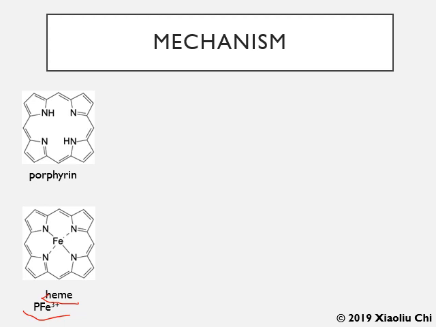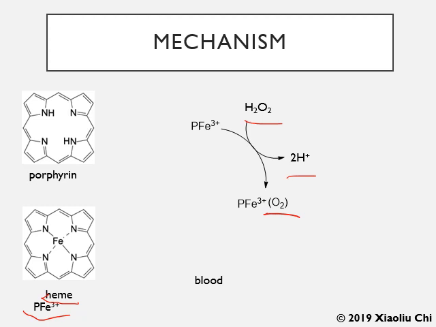When hydrogen peroxide is added, hydrogen peroxide is deprotonated to peroxide, which binds to the iron atom. Each oxygen is in the -1 oxidation state.